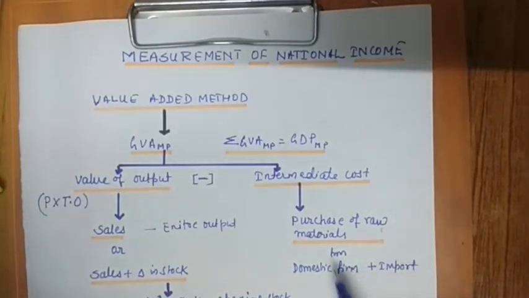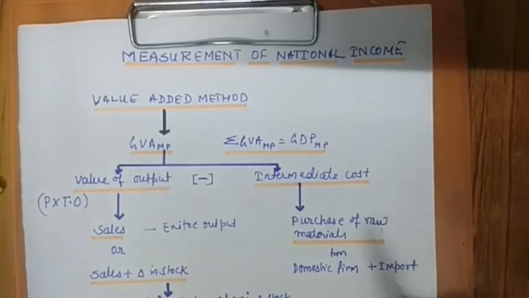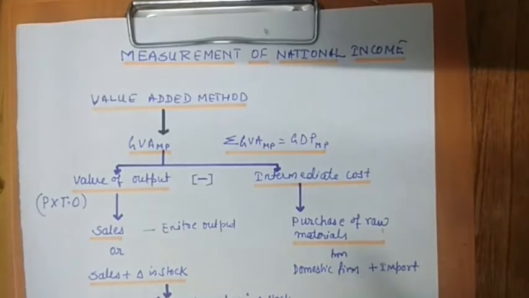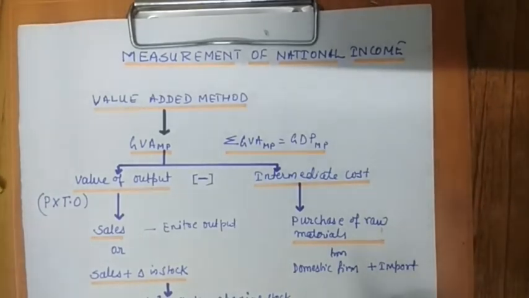That is why it is written as domestic purchase plus import, and import is also part of intermediate cost, and this will be done only if domestic purchase is given. Otherwise, if purchase is straight away given to you, purchase of raw material, you will not consider import in this. Import will be considered only when domestic purchase from a firm is given.